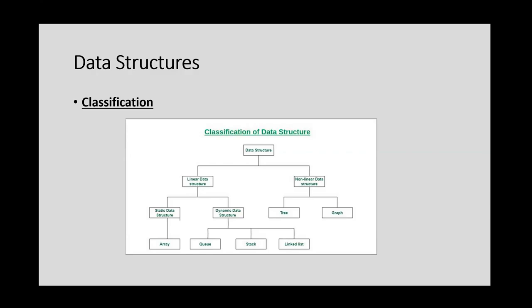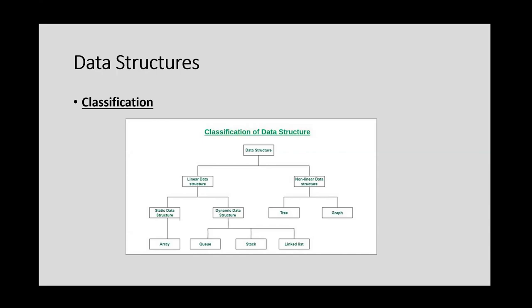And there are not only linear data structures, we also have non-linear data structures, in which we do not store the data in contiguous memory locations. So those are the two main classifications of data structures: linear and non-linear.